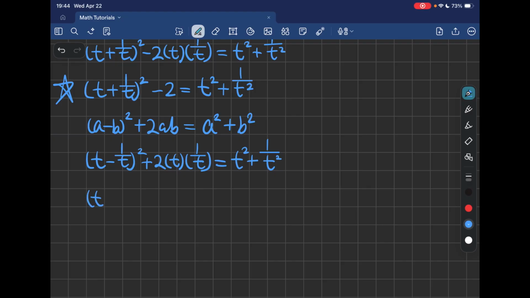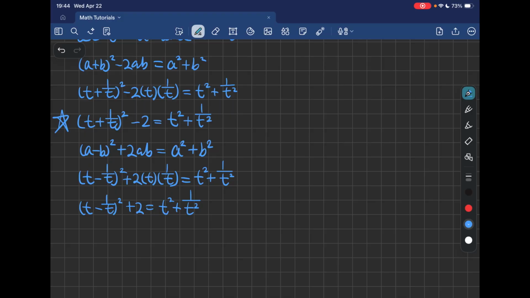So that simplifies into (t − 1/t)² + 2 and t² + 1/t². So this and this are equal. That means this and this, they're equal.